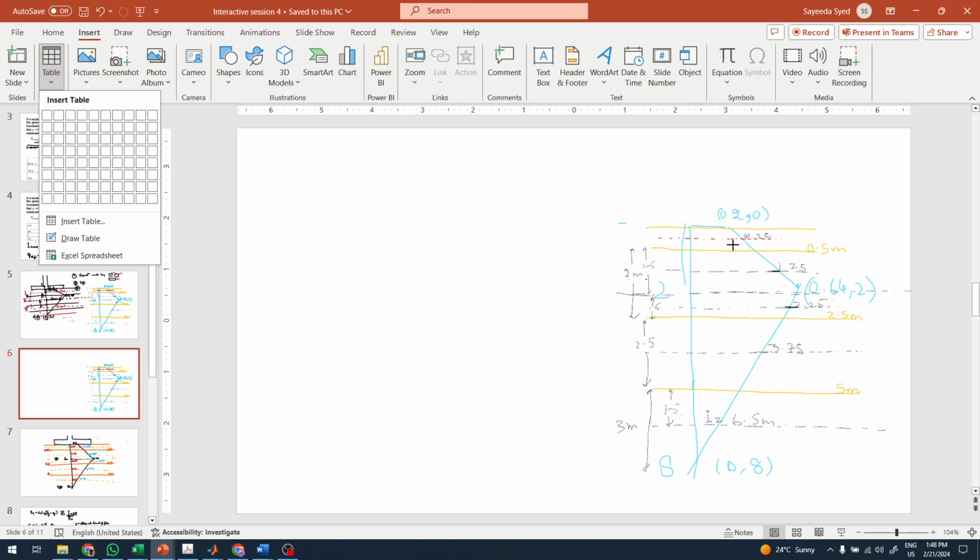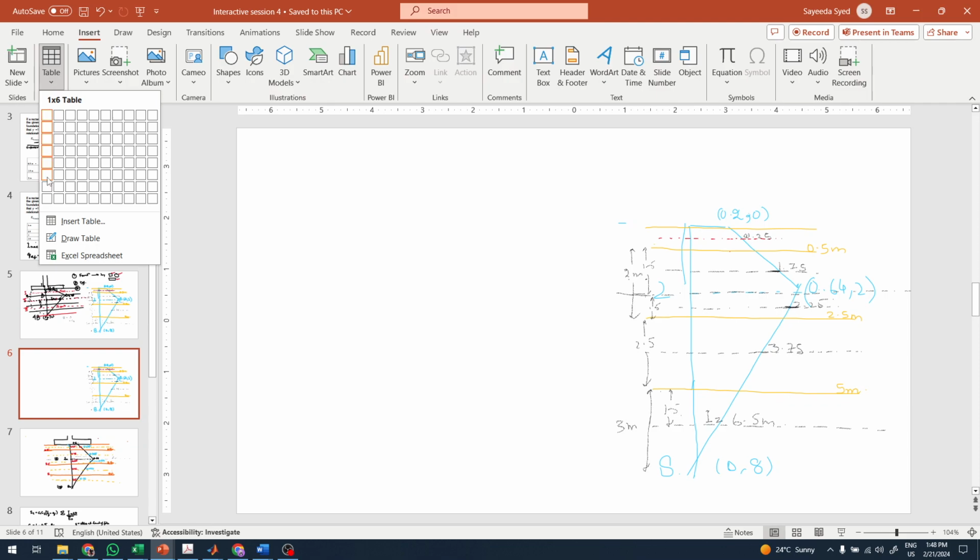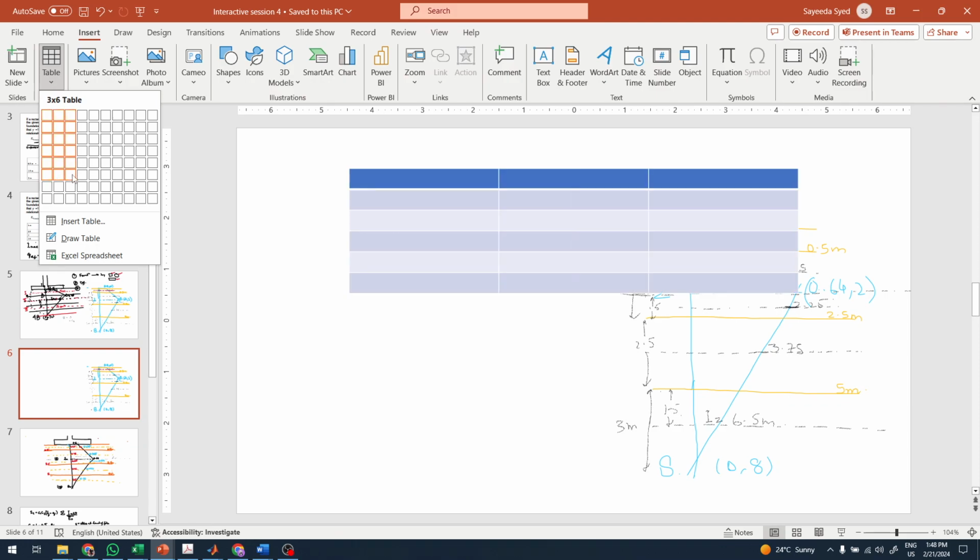How many values do we need? At 0, do we need? No. 1, 2, 3, 4, 5 values. We need Iz, we need Es maybe.